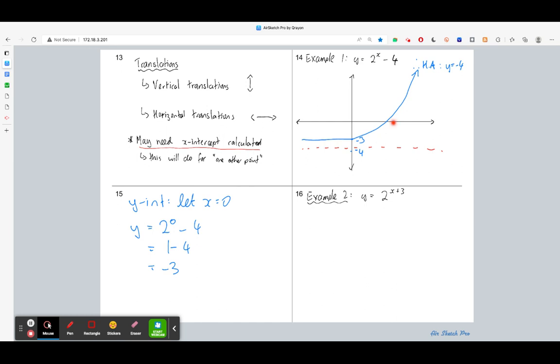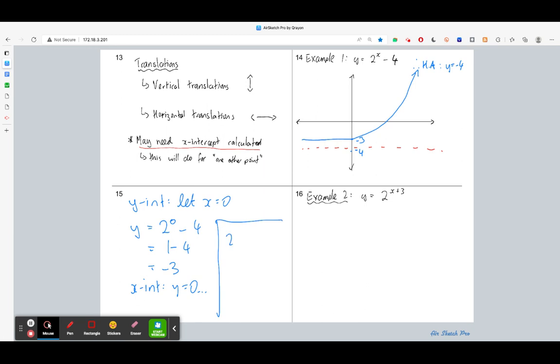I'm missing an x-intercept. Because I've got a vertical translation which brings the graph down a bit below the x-axis, I now have an x-intercept. All my graphs until now have not had one. So I better work that out as well. So the x-intercept is when y equals 0, just like we did with polynomial functions. I'm going to squeeze it into this space here.